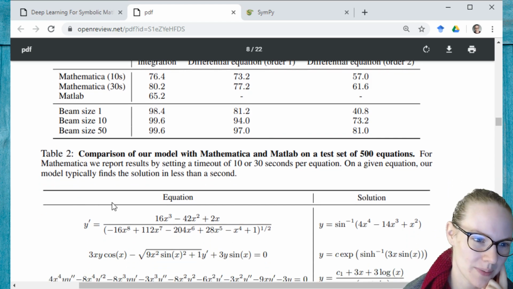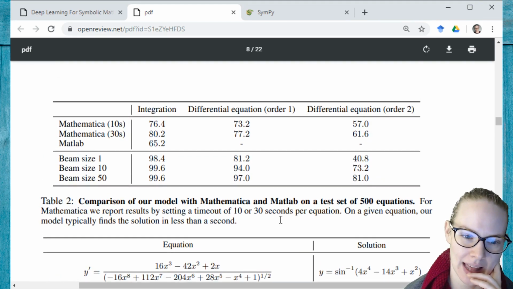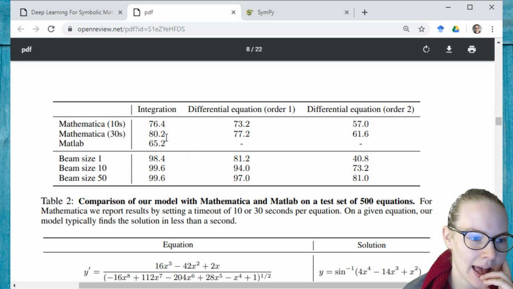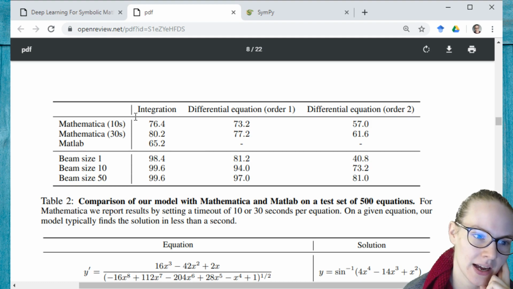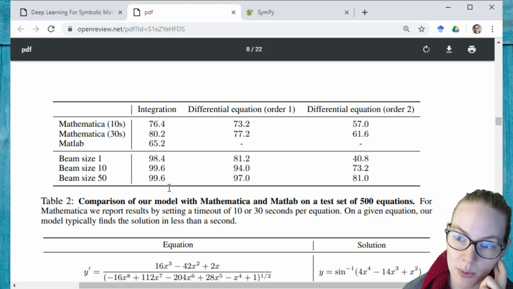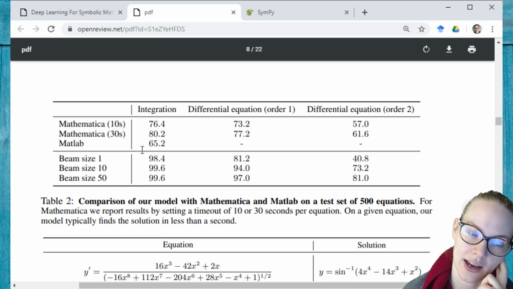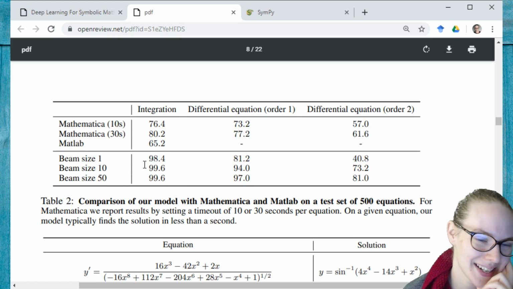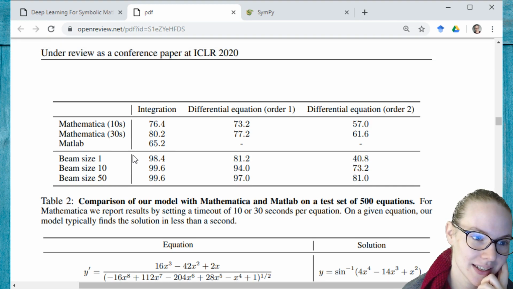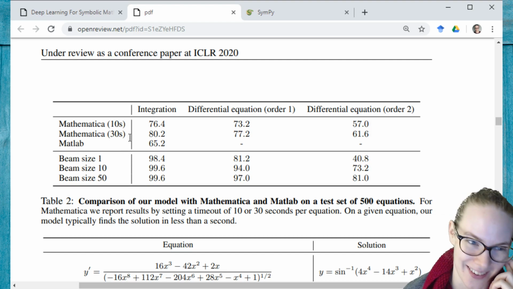All right, Table 2, comparison of our model with Mathematica and MATLAB on a test set of 500 equations. So MATLAB is coming in at 65.2% on integration. It looks like they didn't do differential equations. Mathematica tops out at 80% accuracy over 30 seconds, and in less than a second, this transformer-based model gets accuracy in the 98 to 99 percent range, which is a pretty substantial improvement, I would say.